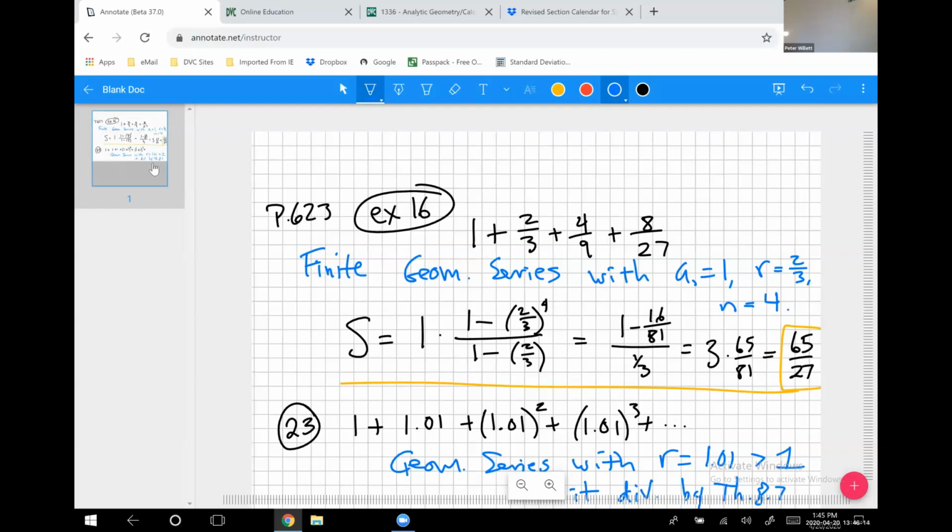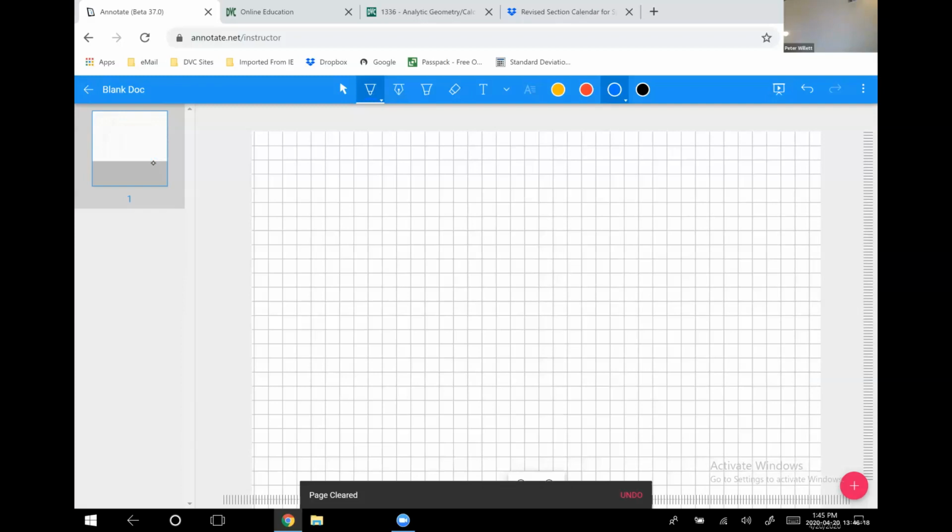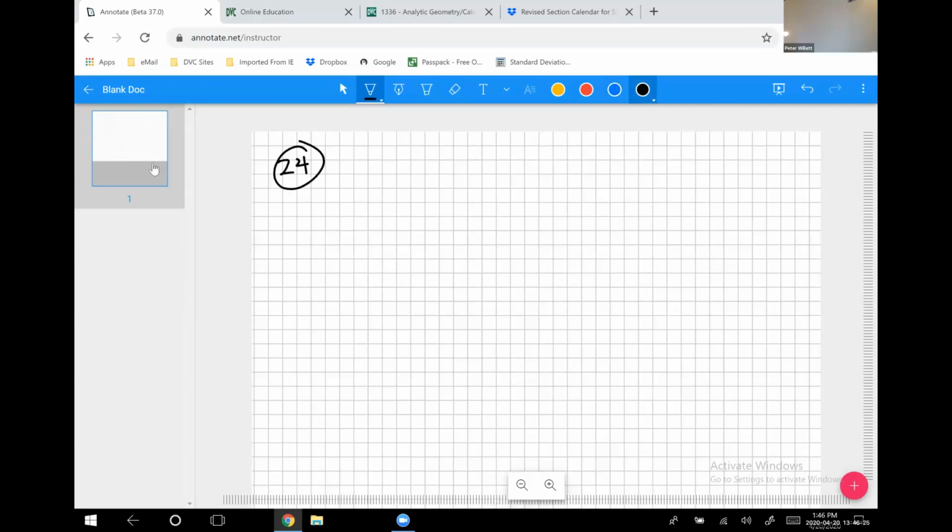Okay, so let's try maybe one more. Don't want to dally too long. The next one, 24, let's look at that. For comparison, same page, it has 1 plus 1 over pi plus 1 over pi squared, pi cubed, etc. Again, the instructions are to evaluate or say that it diverges, meaning evaluate meaning determine the value.